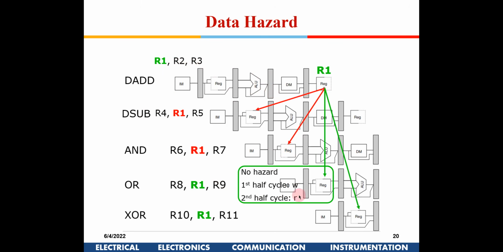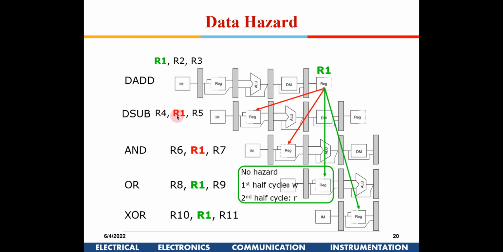One more example of a data hazard is shown here, where you have a register R1. You are adding the contents of R2 and R3 and putting the result in R1. In the ALU the addition is completed here, and here the data is being updated.